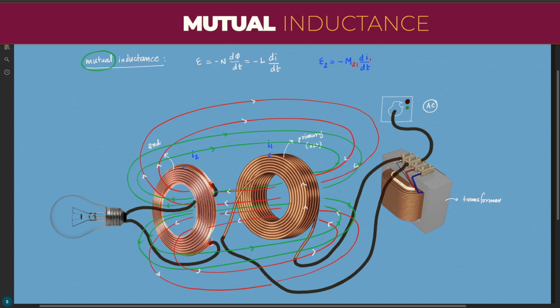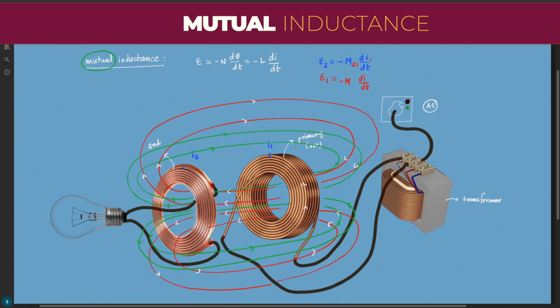When there is a current, there will be a magnetic field, and when there is a magnetic field, there will be field lines, and these field lines will now penetrate the primary coil, for which there will be another induced EMF inside this primary coil. We can name it epsilon 1, and the formula will obviously be di dt, and there will be a mutual inductance that will be a constant.